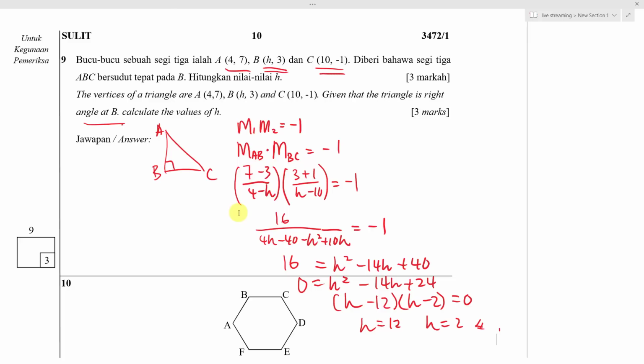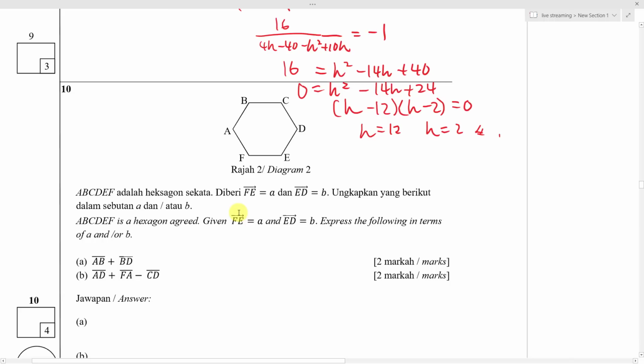Okay, so this one I just assume is a regular hexagon. If it is a regular hexagon, you must know something before I can teach you how to do this one, because a regular hexagon has one quite important property. If this one is a vector A, the middle line over here will be double of it, the length is 2A.